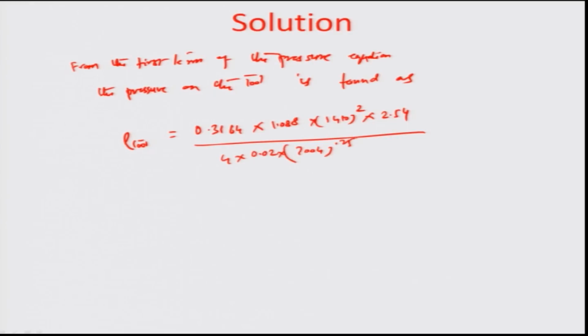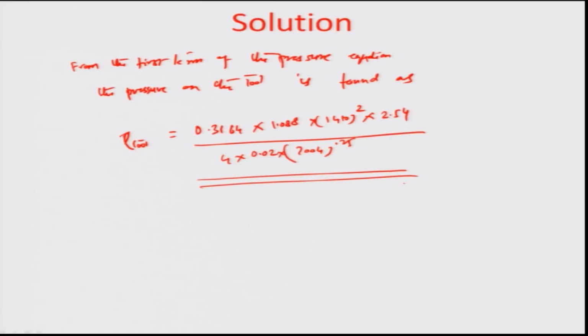The Reynolds number has been calculated to be 7004 to the power 0.25, and this is basically the total pressure on the tool, assuming that the other inertial component is insignificant in comparison to this surface pressure.